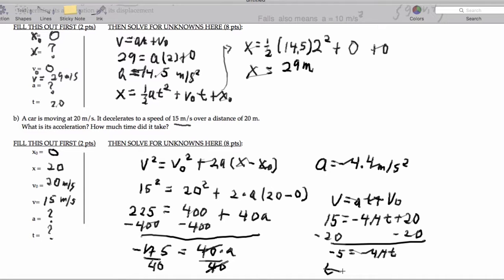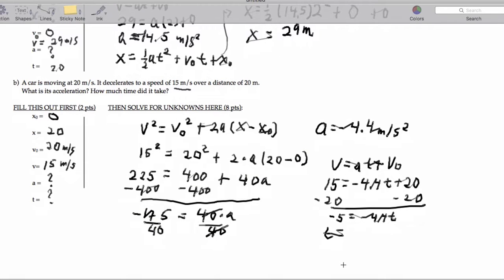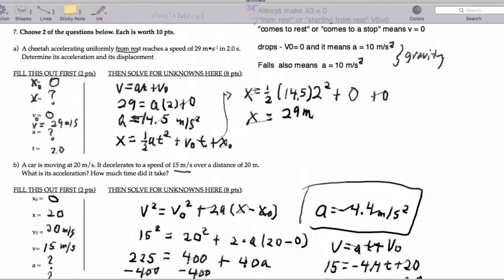And I'm getting that the time is going to end up being 1.14 seconds. So there's that number, and then there's this number. I'm just going to circle these so we have them all ready to go.